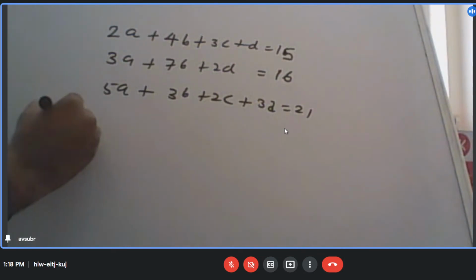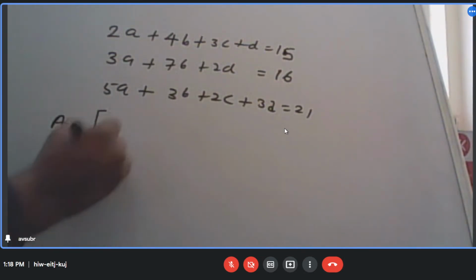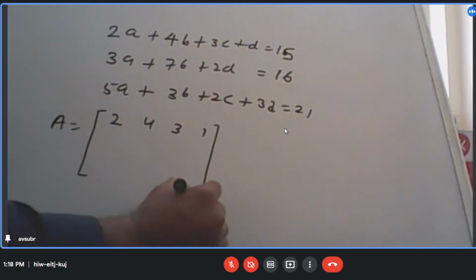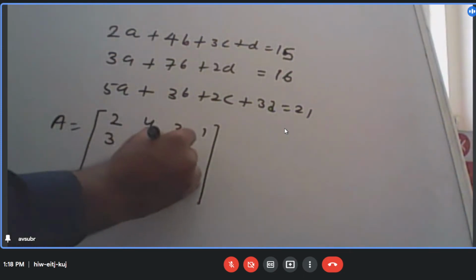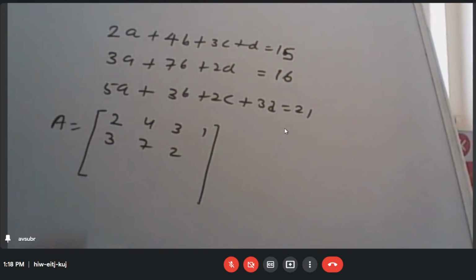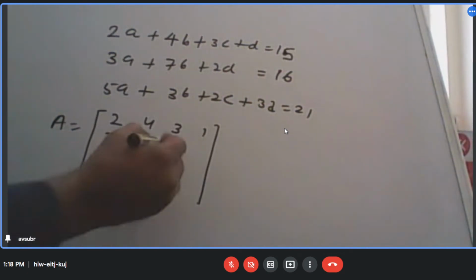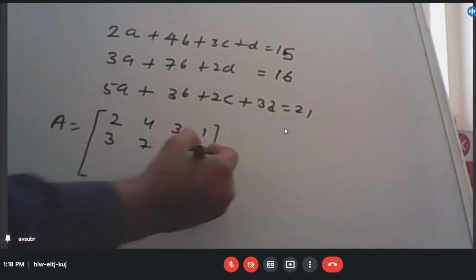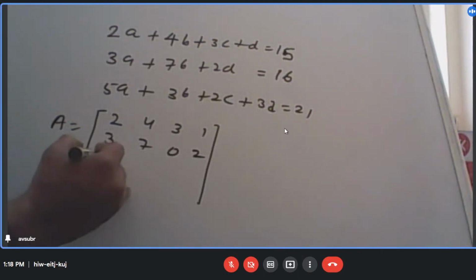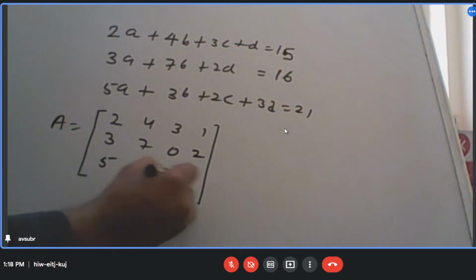So what is the coefficient matrix? 2, 4, 3, 1. 3, 7, 0, 2. And then we have 5, 3, 2, 3.